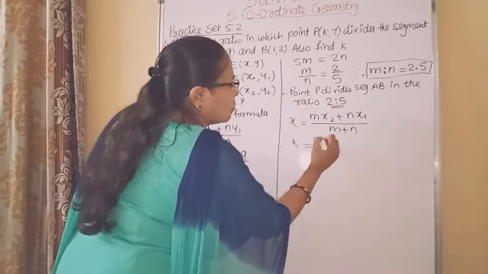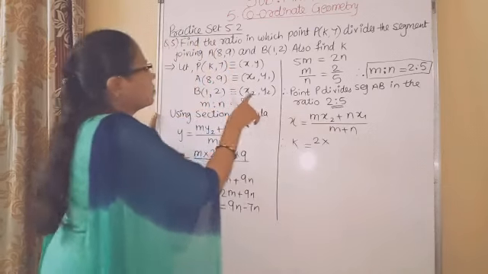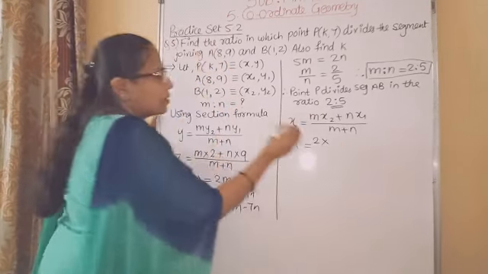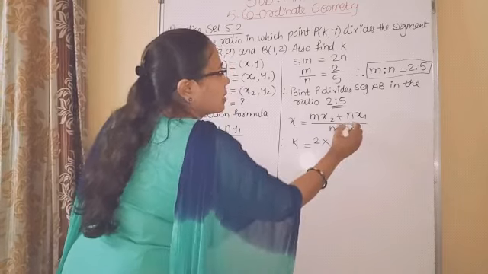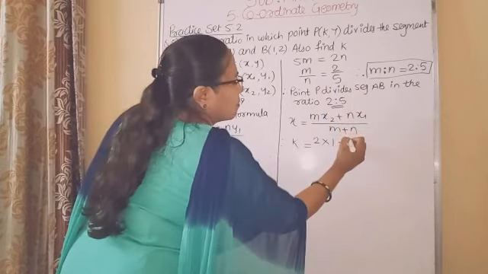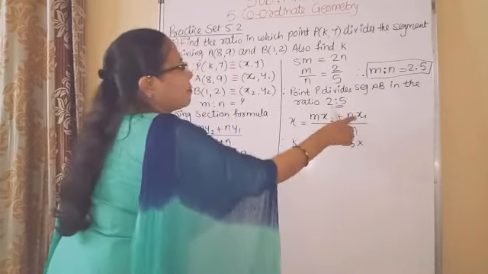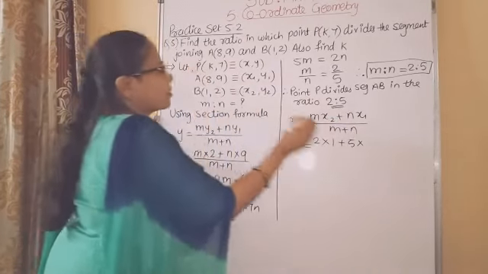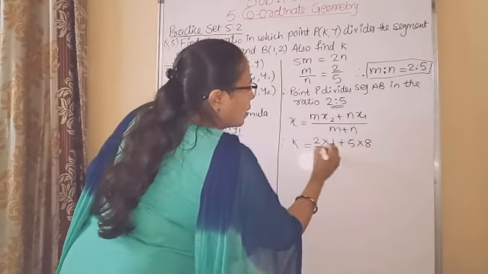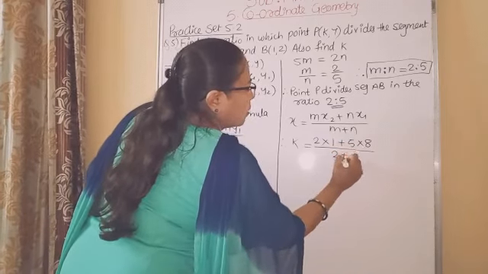So here 2 multiplied by x2, x2 equal to 1, plus n is equal to 5, 5 multiplied by x1, x1 equal to 8, upon m plus n, means 2 plus 5.